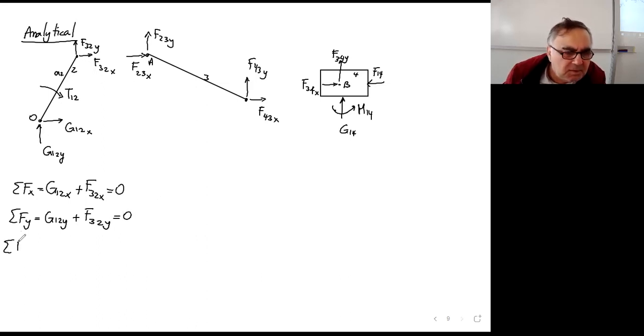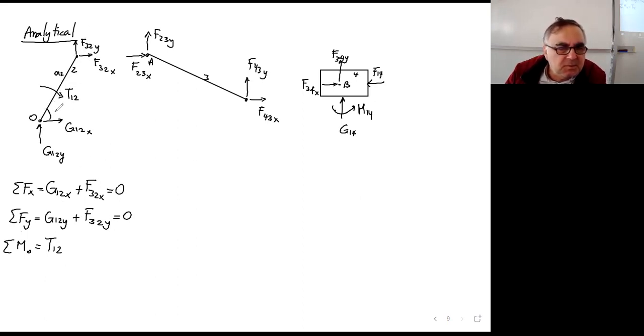And then we have to take a moment about somewhere. Let's take it about point O, which is MO, which is T12. T12 is an external couple. Then you have to take the couple of these forces about this point.